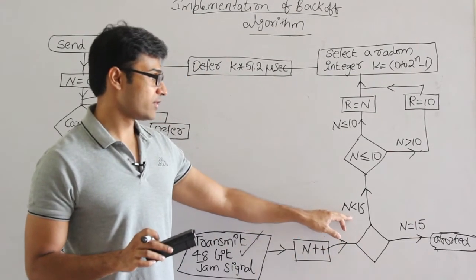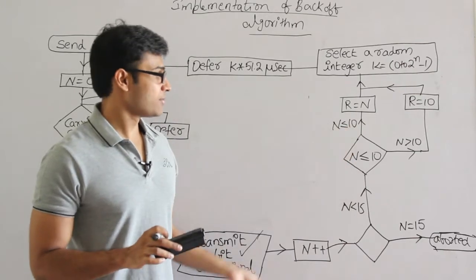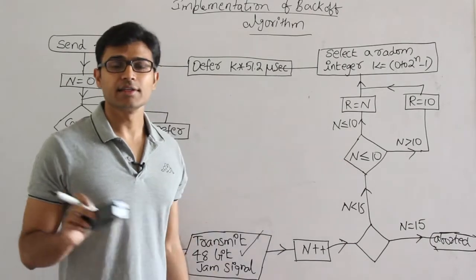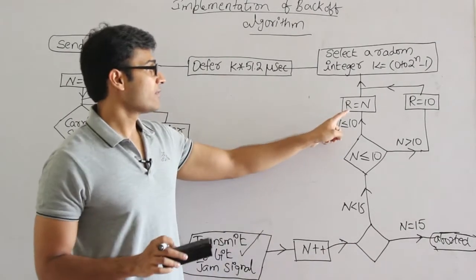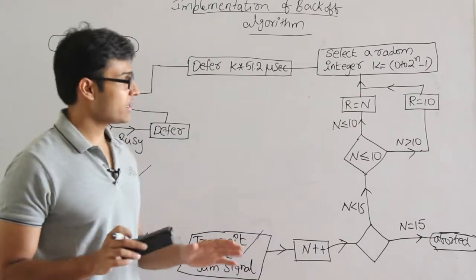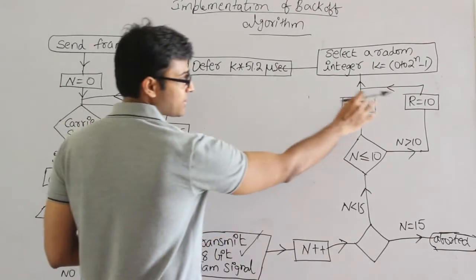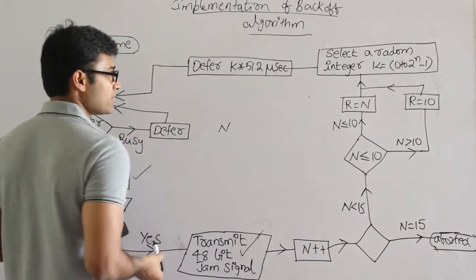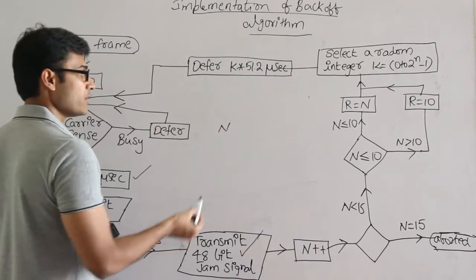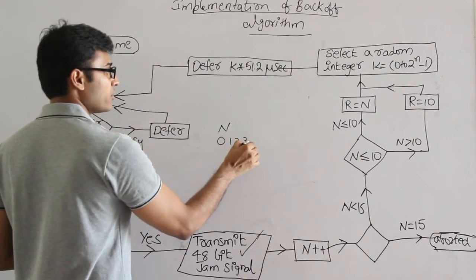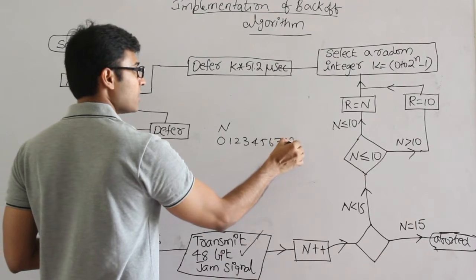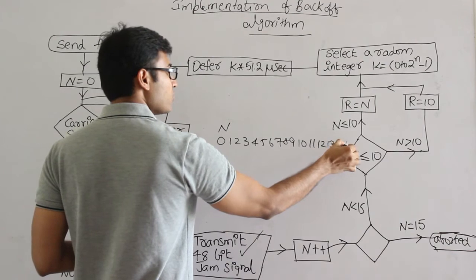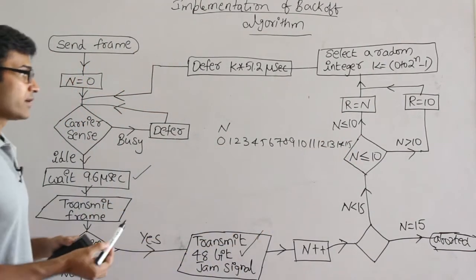And if it is less than 15, now again one more test, which means they are testing is it less than 10? In case it is less than or equal to 10, then r is set to n. So what they really mean by this entire test case is, n is the number which is used to indicate the collision, from 0, 1, 2, 3, 4, 5, 6, 7, 8, 9, 10, and from here they are going to 11, 12, 13, 14, 15, till 15 n is running.